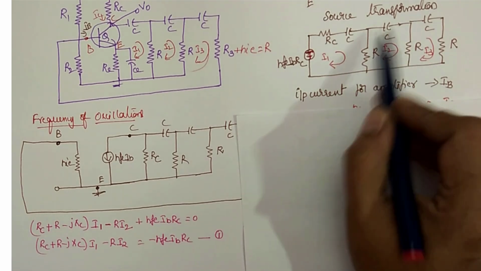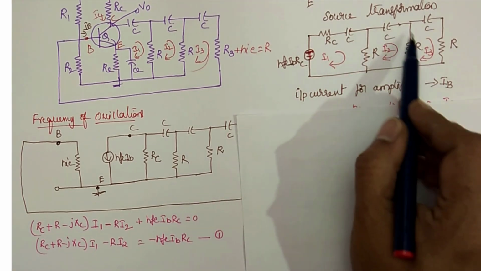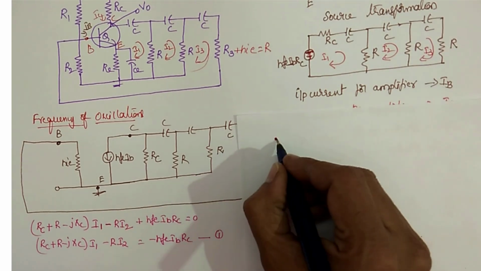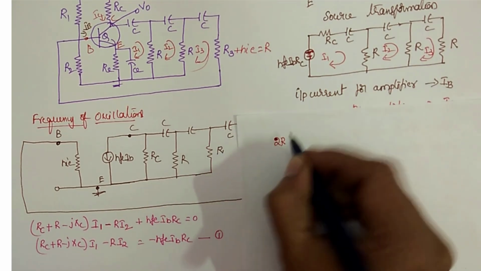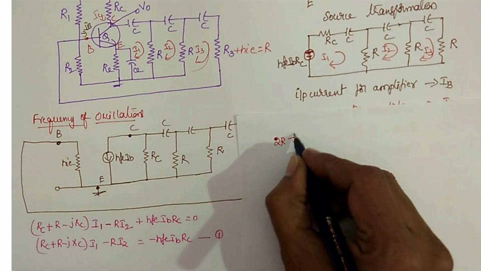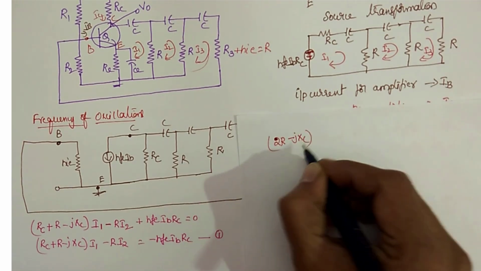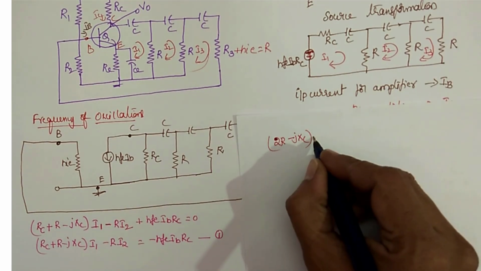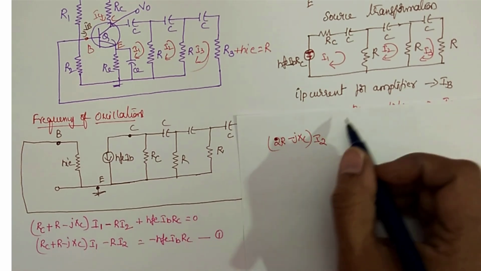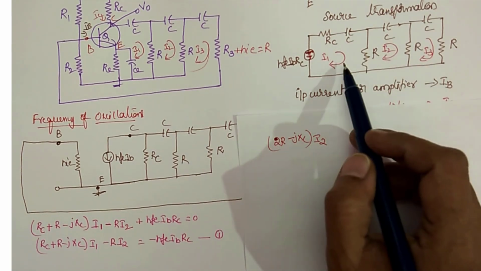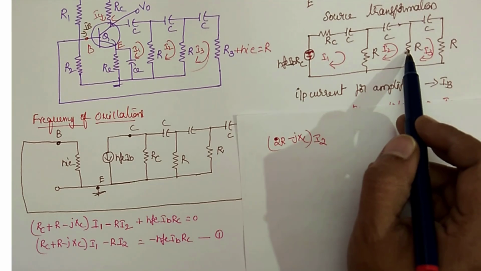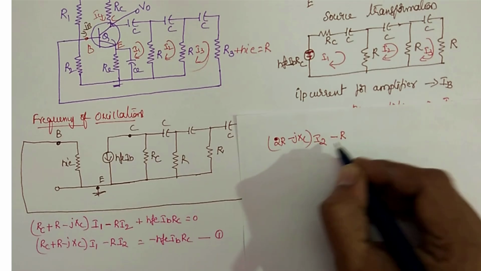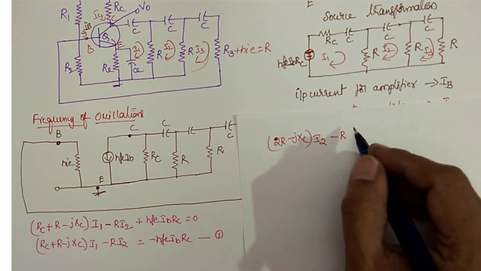Now the second loop equation, again totally 3 components. So the second equation is 2R minus JXC, because the capacitive reactance is JXC. Yes, it is its current I2, but through this R, I1 is also going, and through this R, I3 is also going. So you have to write minus R I1, because I1 and I3 are in the opposite direction to I2.